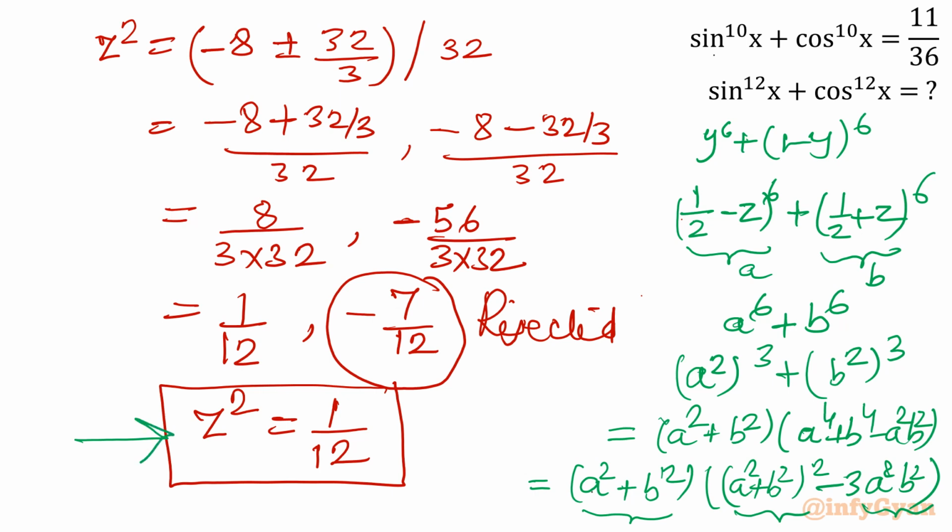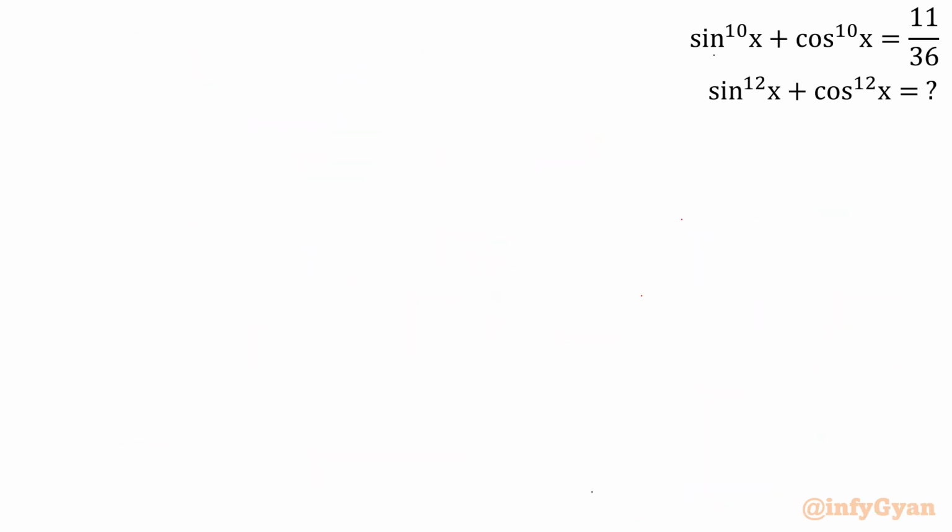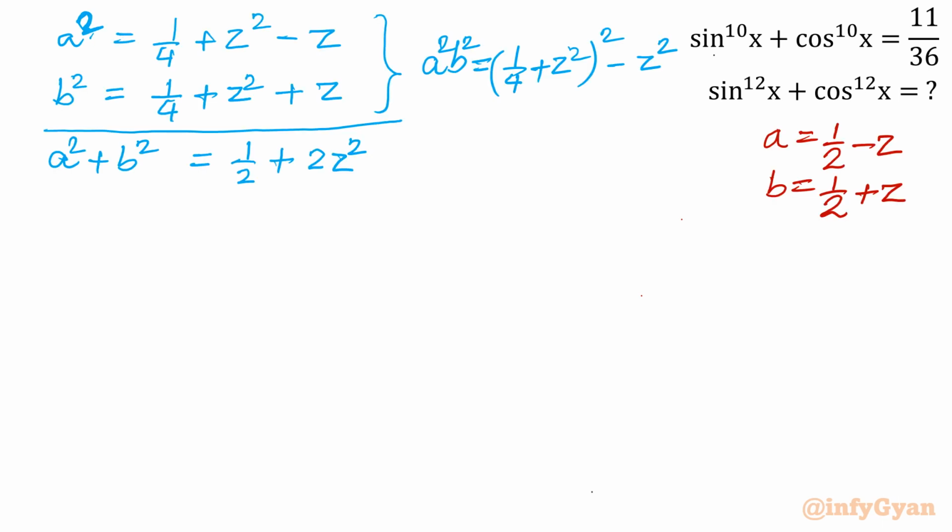Now let's find A square plus B square first. Let me write A square plus B square and A square B square. By putting the values of A and B, A was half minus z, B was half plus z. A square will be half square plus z square minus 2AB.